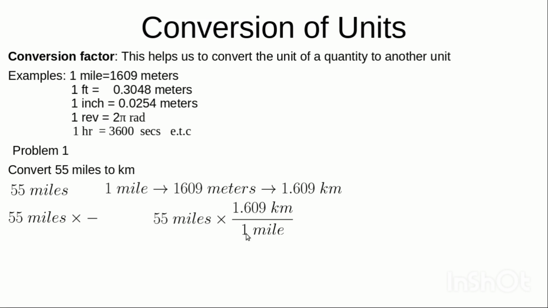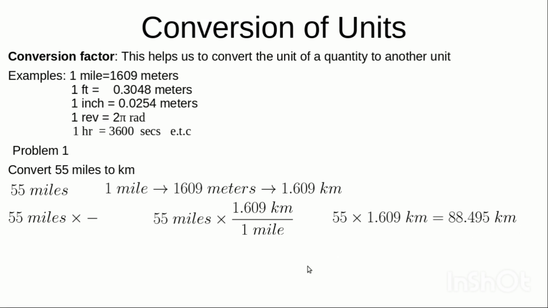So 1 mile is equal to 1.609 kilometer. So if you notice, this divided by this will give you 1. So 1 times everything will still give us this expression, right? So at this point, we can now cancel these miles and that will give us 55 times 1.609 kilometer, which is same thing as 88.495 kilometers. And that's it.